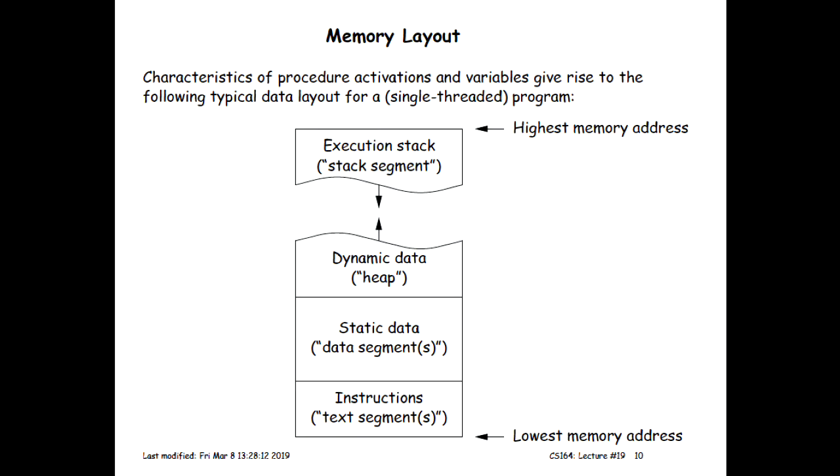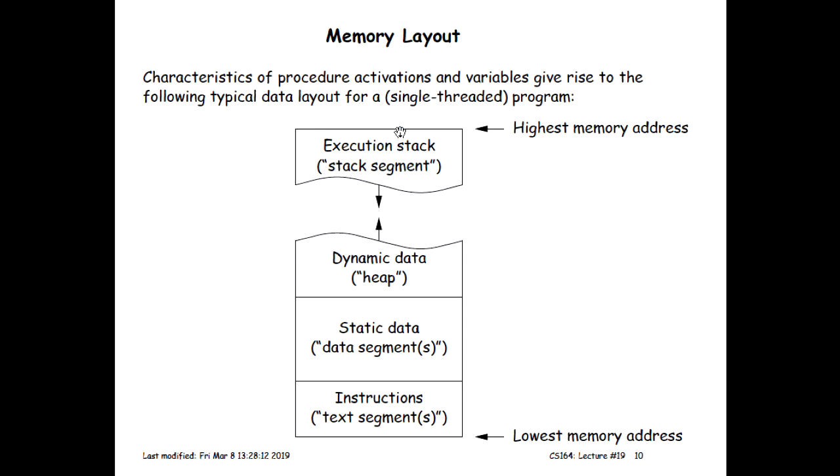That's very simplified. Obviously, there's usually other space that's being used by the operating system. You have static data, meaning data that exists for the lifetime of the program, and only goes away when the program goes away, and is of some fixed size. We'll call this the static data or the data segments, various names like that.